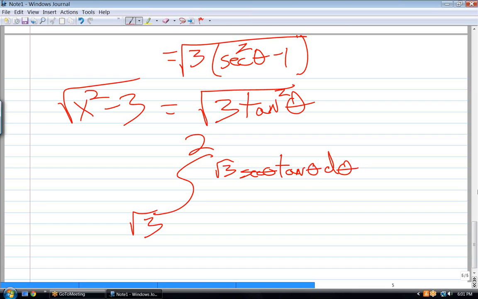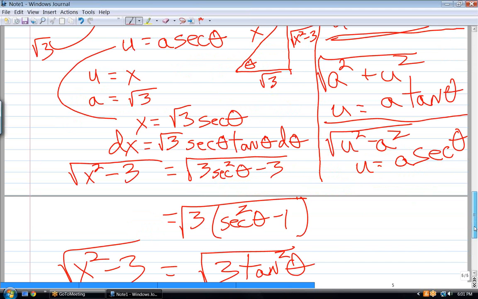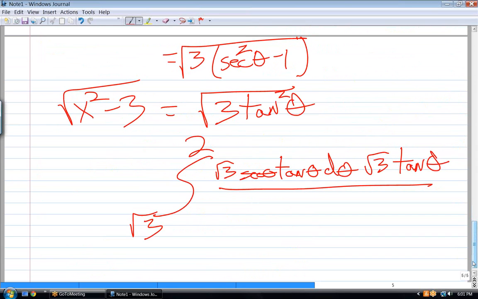That's substituting for the dx rather. What else did I have in my numerator? I had square root of x squared minus 3 equals this, which is multiplied by the square root of 3 tan theta. You with me? Yep. Okay, all divided by x, and x was equal to square root of 3 secant theta.